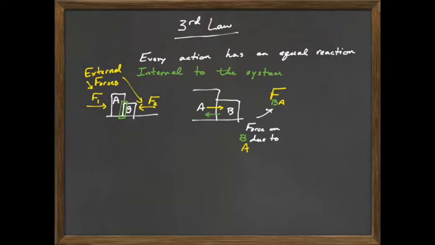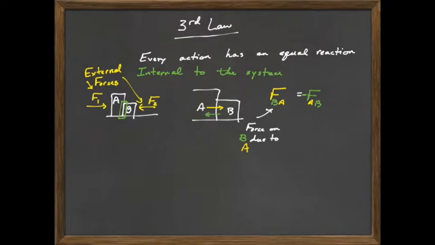Okay, and it follows that Newton's third law tells us that if I set this up and I see that there's a force on B coming from A, there's also a force on A coming from B. Okay, and as Newton's law tells us, these forces must be equal and opposite. So they're equal in magnitude but opposite in direction, and we can see that from the picture. Yellow force points to the right, green force points to the left.